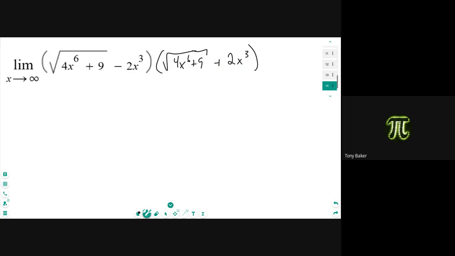But did I change my problem? Yeah, because I can't multiply something and not change the problem. How can I not change the problem? What's the one thing I can multiply by that does not change my answer? Multiplying by -1 will definitely change the problem.